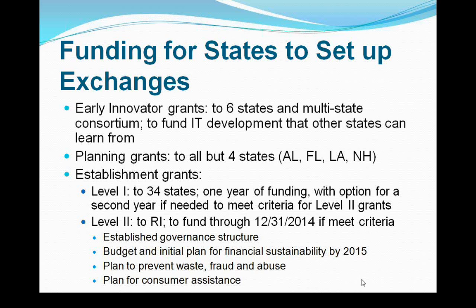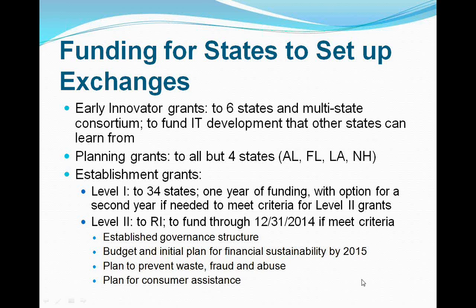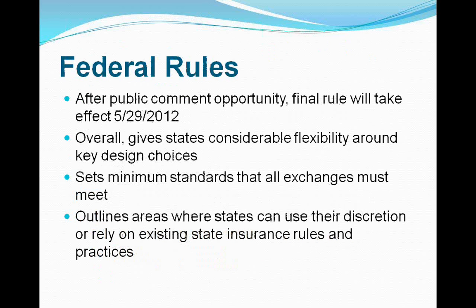The federal money to fund exchanges runs out in that year, so they have to have a plan for how they're going to go it alone after that, a plan to prevent waste, fraud, and abuse, and a plan for consumer assistance. And they have to do something specific to demonstrate that, either legislation or some other official state act to show that they're making progress and committing to work on an exchange, and then they will qualify for the Level 2 funding. Only Rhode Island has received this Level 2 funding under the establishment grants.